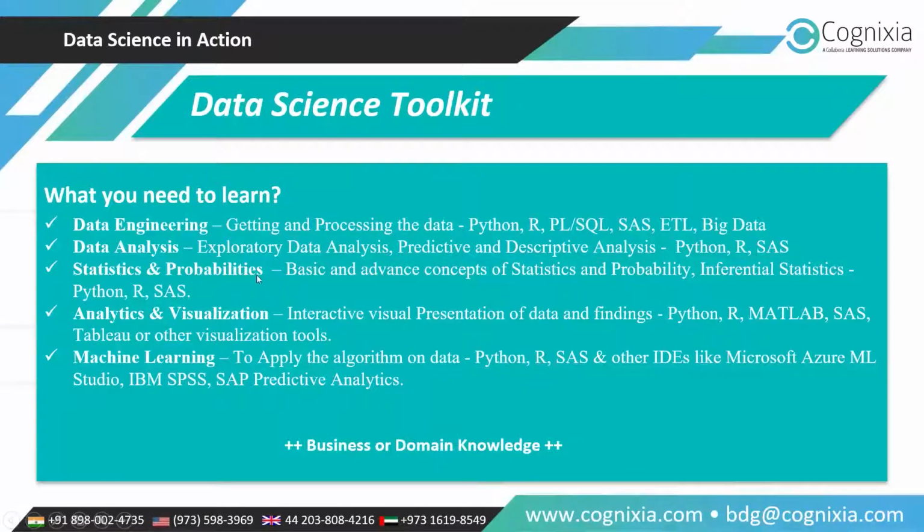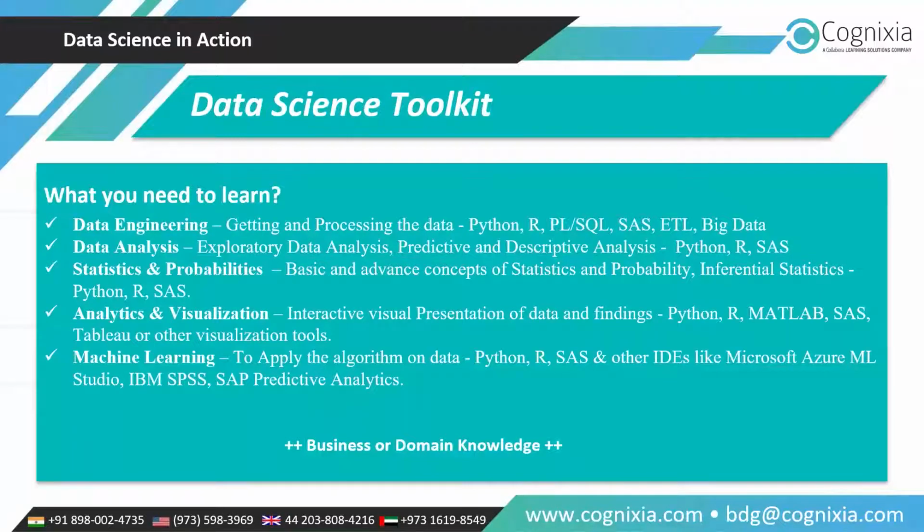Next comes statistics and probability. Most of you must have heard about this. Statistics and probability is really important for data science, and that is the reason some people who are not interested in statistics and probability think, oh no, I cannot go ahead, I will not be comfortable with it. Let me answer this question very frankly.